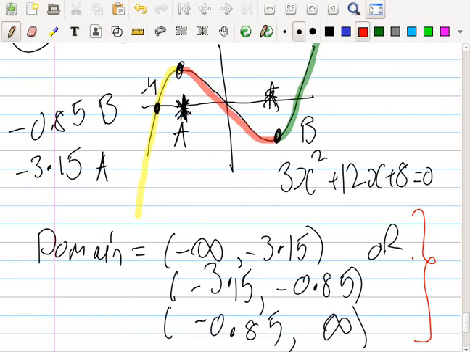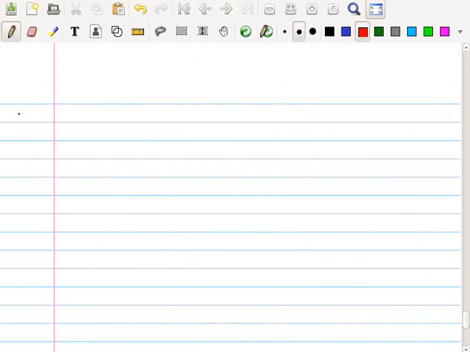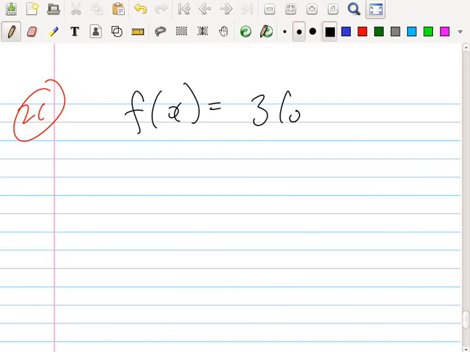So let's do a cosine one. Let's do 2c. All right, so we definitely know cosine repeats itself.